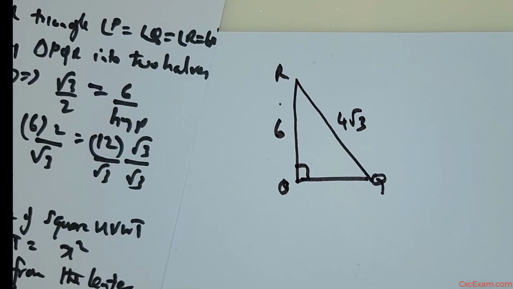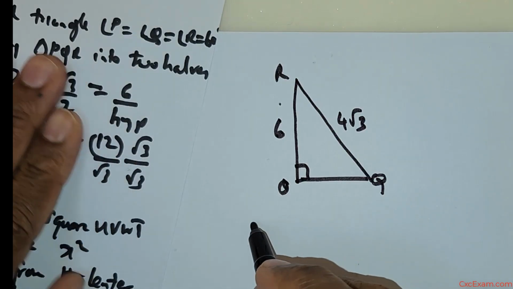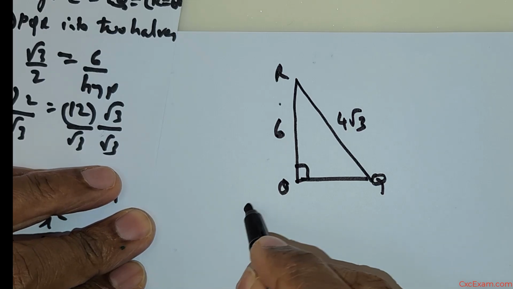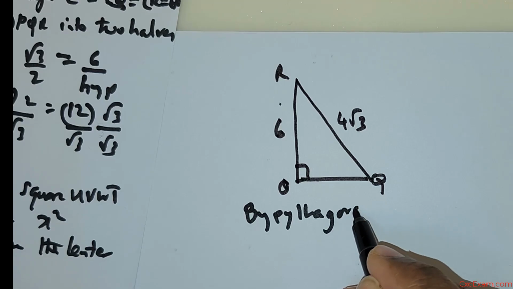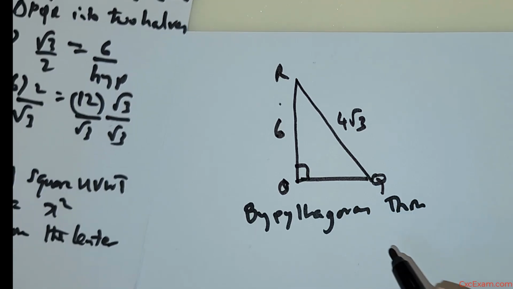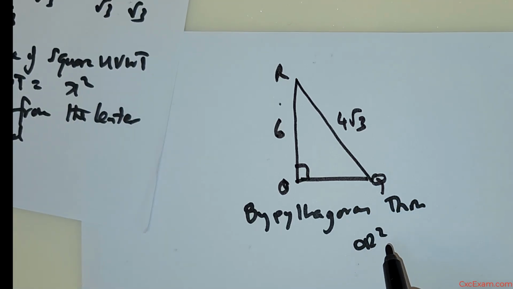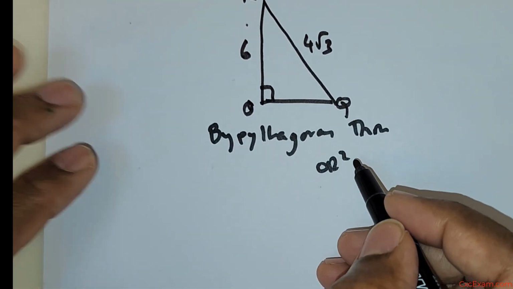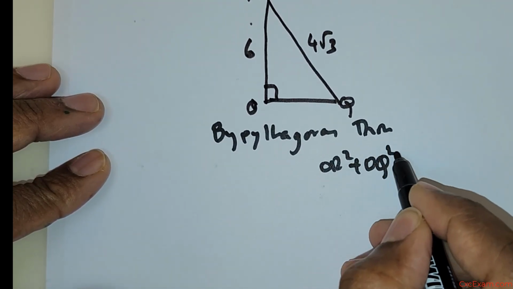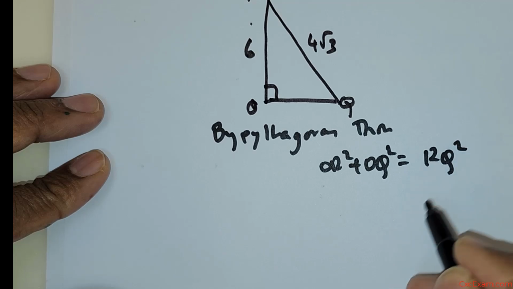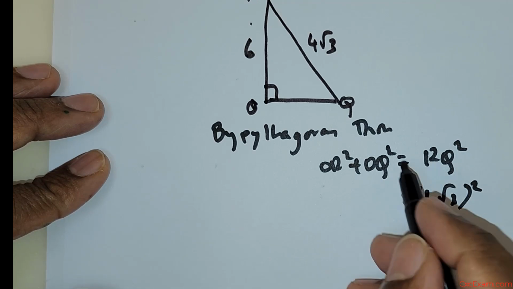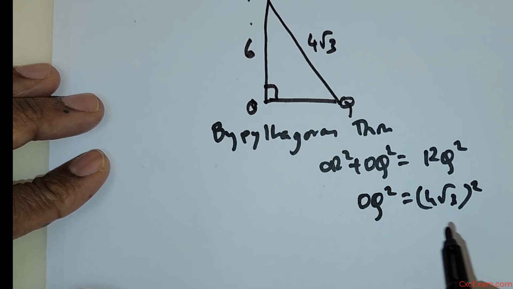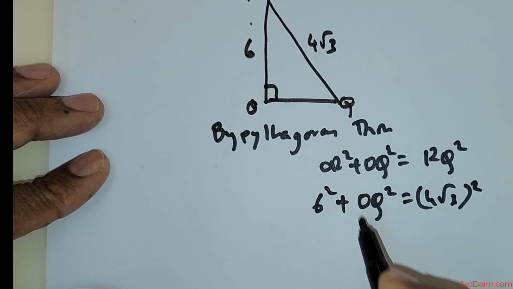Right? So by Pythagoras theorem, OR squared plus OQ squared is RQ squared. So this is 4 times the root of 3 squared. OQ squared is needed, and OR squared is 6 squared.